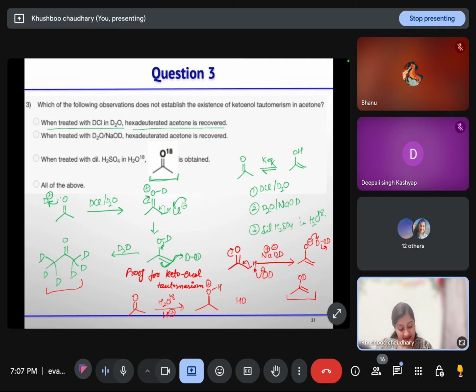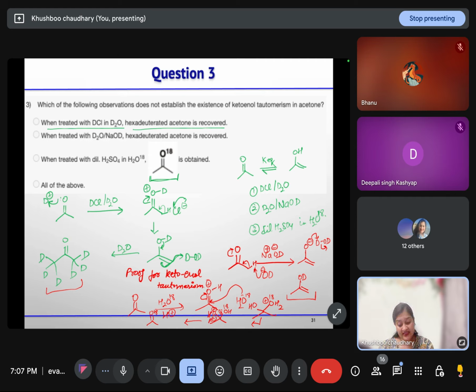Water can act directly, it can attack to neutralize the positive charge. So then it will form OH, and now this is oxygen 18 and H2, or after neutralization this will form OH18 and OH. Now again protonation will take place and this lone pair will fall and this water will leave. So you will get this oxygen 18 substituted acetone.